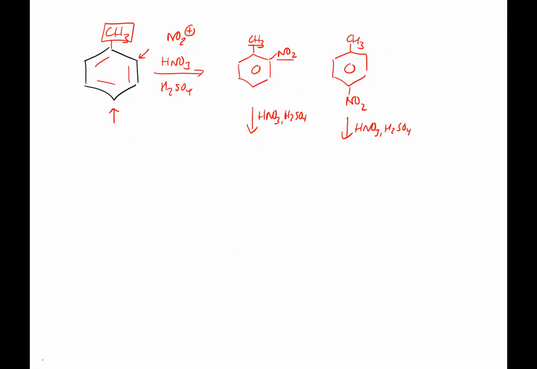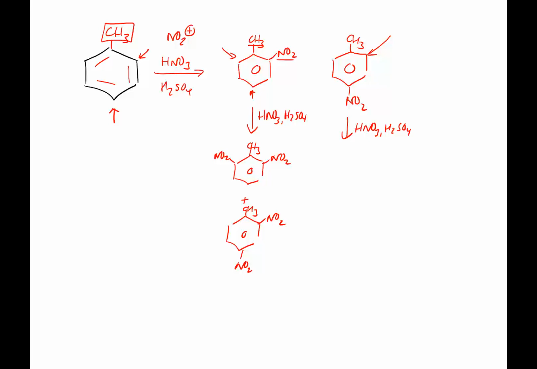So the methyl group is then going to direct ortho and para to itself. So that means I'm going to end up with the nitro group here as one product plus the nitro group para as the other product. If I do that to this molecule, the methyl group is just going to direct ortho to itself.